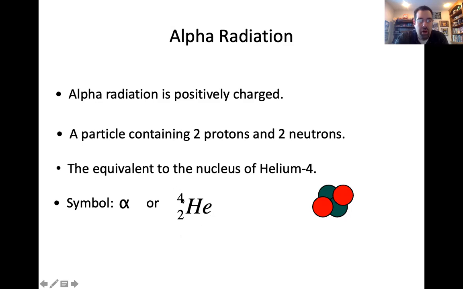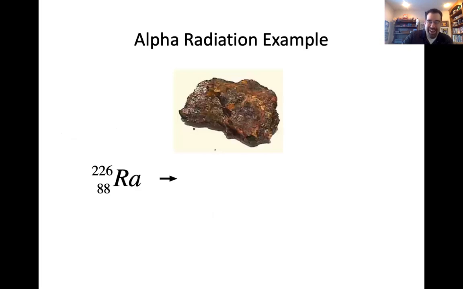So 4 represents the total number of particles from the nucleus, 2 protons and 2 neutrons. And then 2 represents the atomic number, just the 2 protons. And so the first type of radiation we want to be familiar with is alpha radiation. And so now what we're going to do is an example of what we call an alpha decay equation.